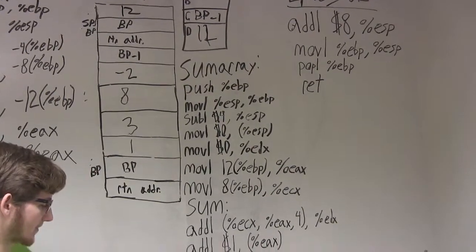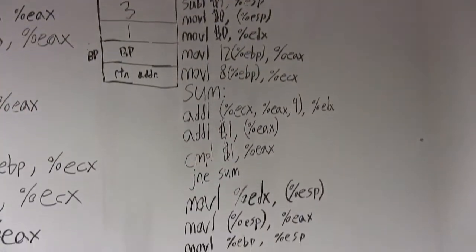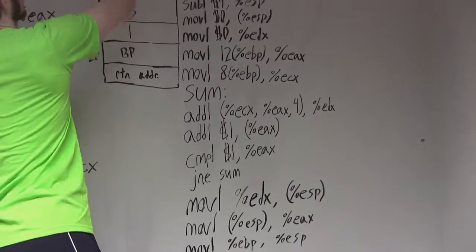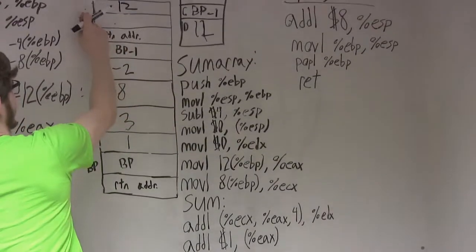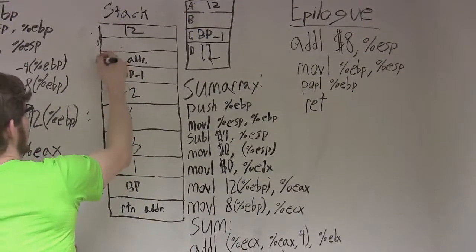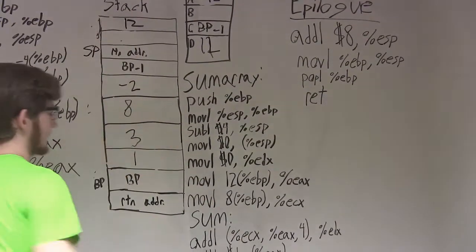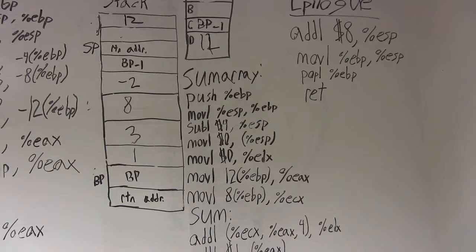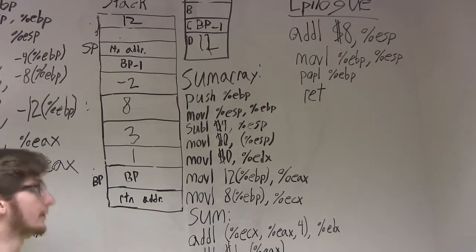So we then pop EBP, the base pointer. So no longer is BP on the stack, and the stack pointer gets decremented to the return address, and then because the return address is at the top of the stack, we then return.